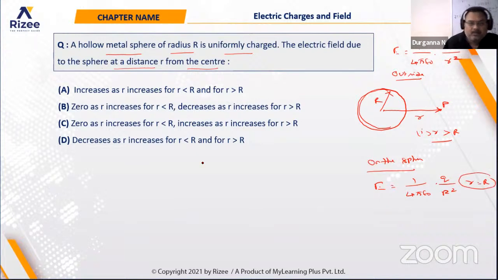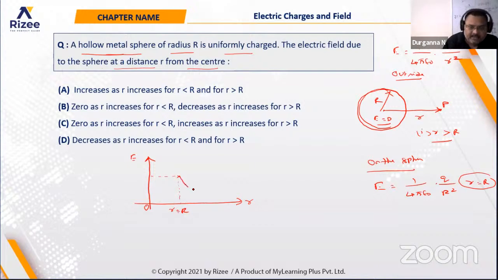Now for a uniformly charged hollow metal sphere, what will the shape of the graph be? If the electric field is on the y-axis and distance r is on the x-axis, inside it will be 0. Inside the hollow sphere it should be 0. So from 0 to small r equal to capital R, you cannot find any electric field.